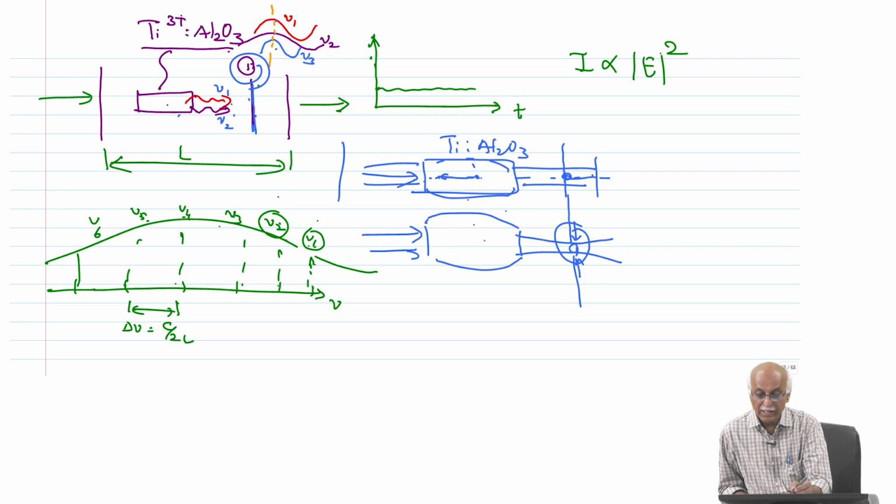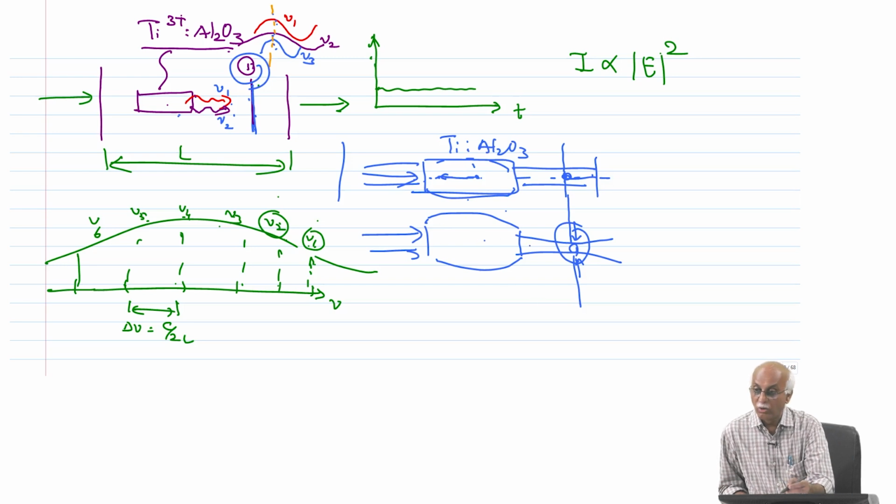That will happen when all these modes are approximately in the same phase. Then only, at one particular position, will the intensity add up and the lens effect be observed.